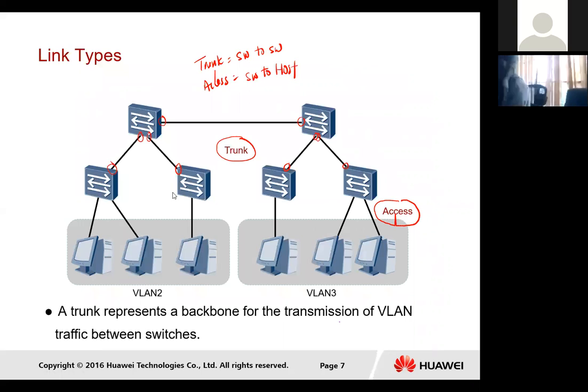A trunk represents a backbone, so it allows multiple VLANs to pass across between the switches. That is how it performs. And for the link between the switch and the PC, we use access. This is all the access connection, access connection, access connection. This is all the trunk connection.